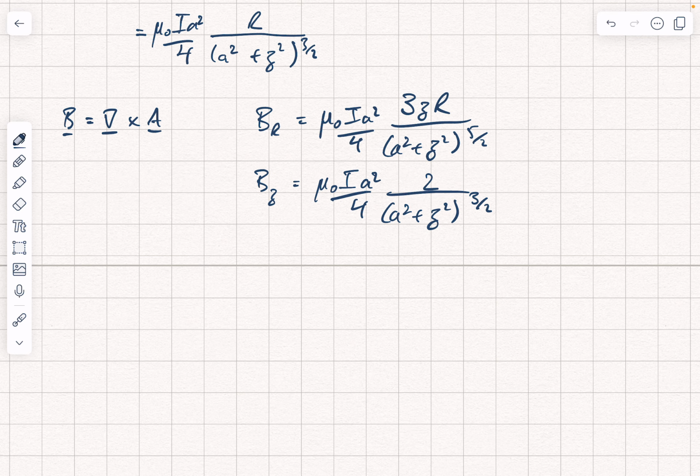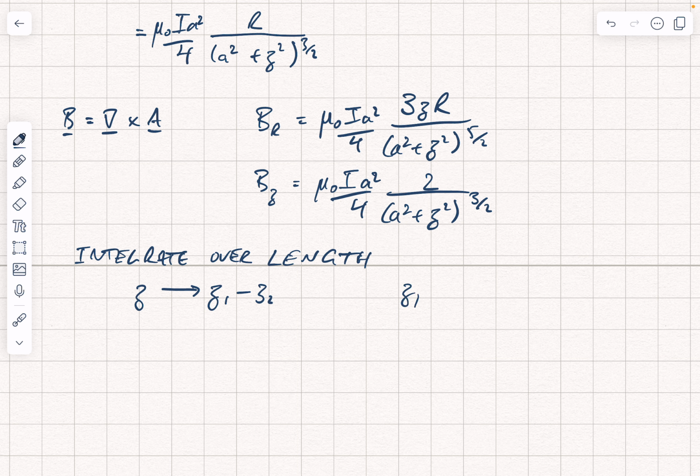So to do that, we're going to integrate over the solenoid, over the length. Let me just fill that gap in there. We're going to replace Z with Z1 minus Z2.